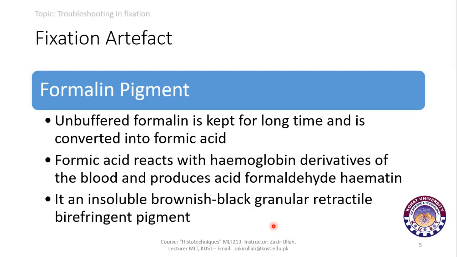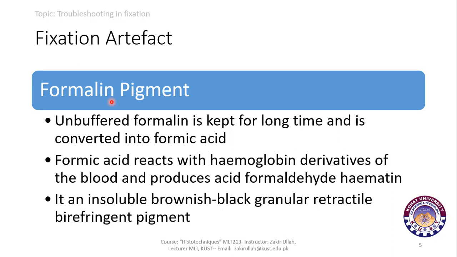Now, the different artifacts that come during the process of fixation, the first of them is formalin pigment. In certain situations, if unbuffered formalin is kept for a long time, it is converted into formic acid. This formic acid is a colored compound which reacts with the derivatives of hemoglobin from the blood, and they produce acid formaldehyde hematin.